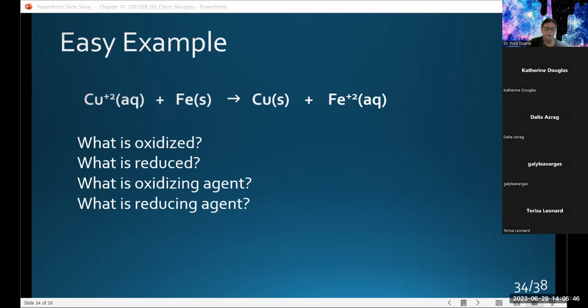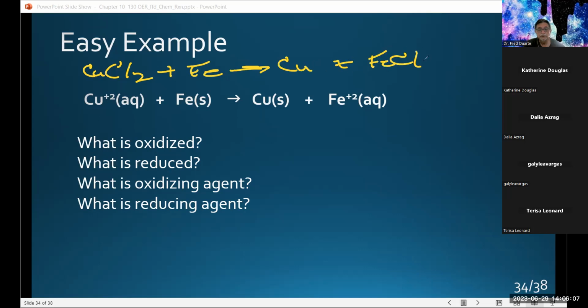They could have written it in this form: copper 2 chloride plus iron reacts to give you copper plus iron 2 chloride. Oh, that's a 2 there, not a 3. But they decided to write the ions. It doesn't take away from being able to recognize what type of reaction you are working with here.